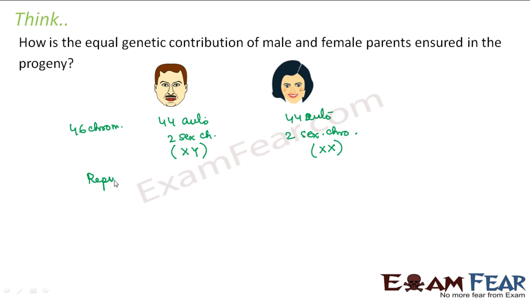Now, what happens during reproduction? During reproduction, the male will send out the sperm cell and the female will give the egg cell.